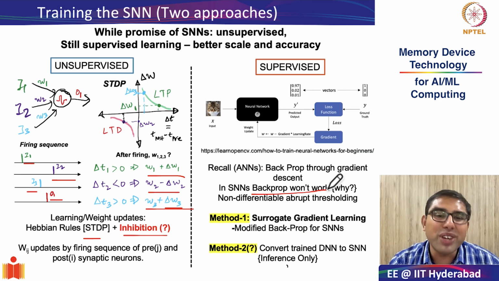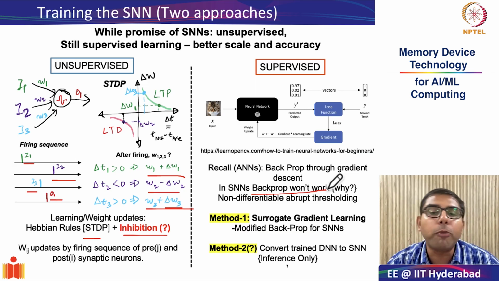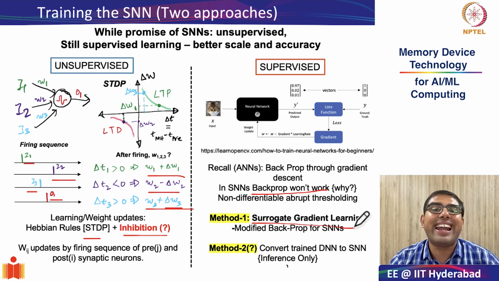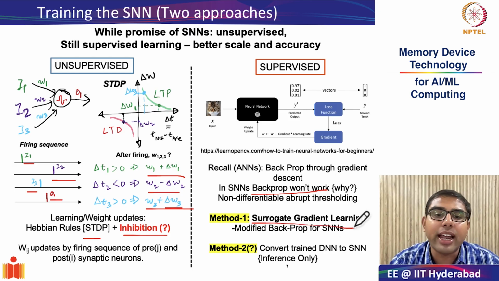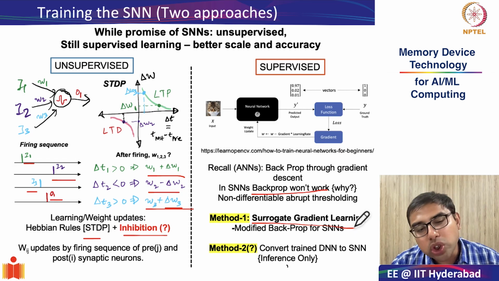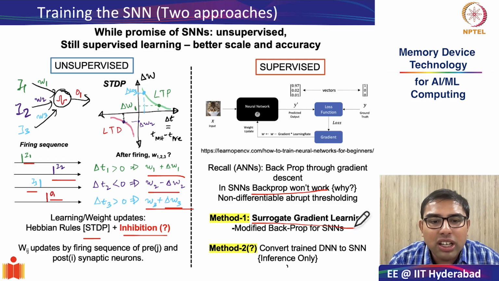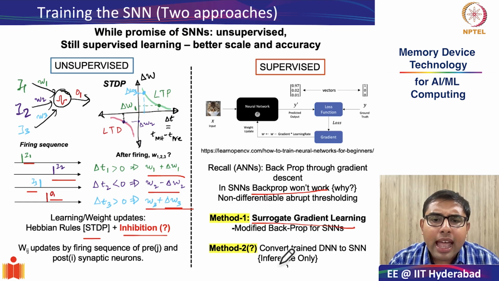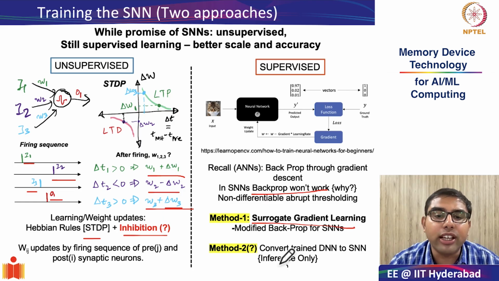So how do you circumvent this problem? You circumvent this problem primarily through a technique called surrogate gradient learning, and this is what we will look at in today's class. There is also another method where you take a trained deep neural network and convert it into a spiking neural network.